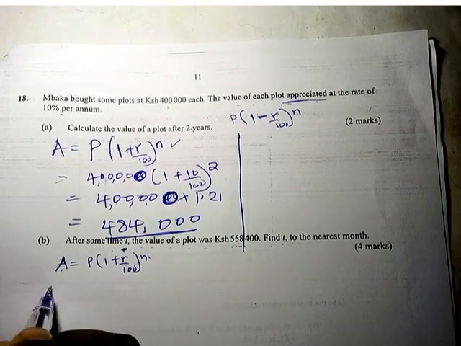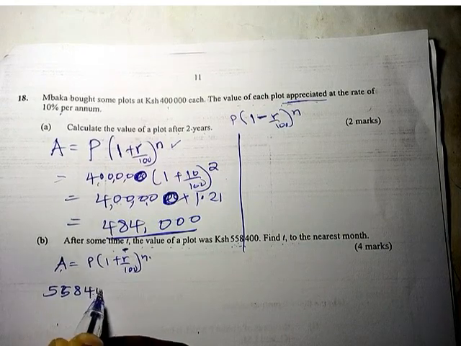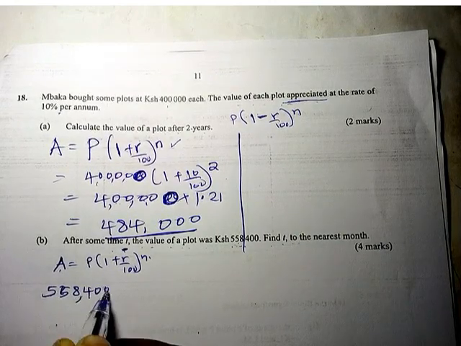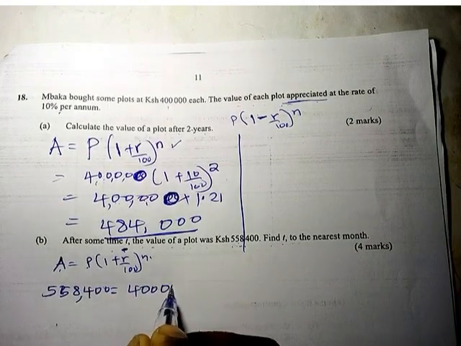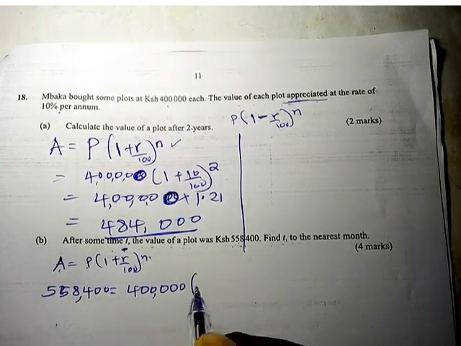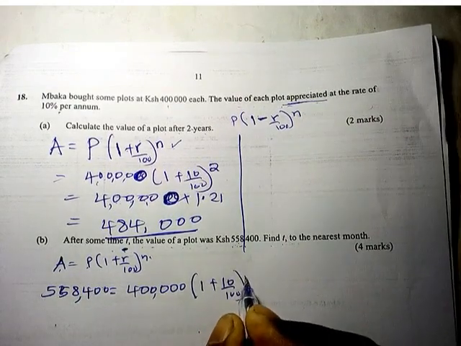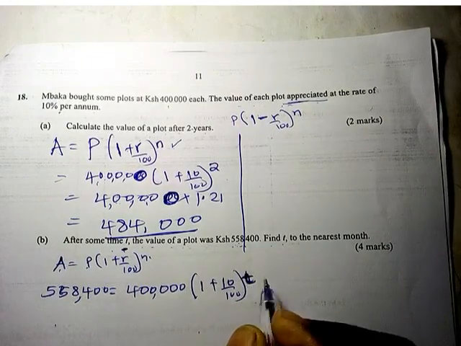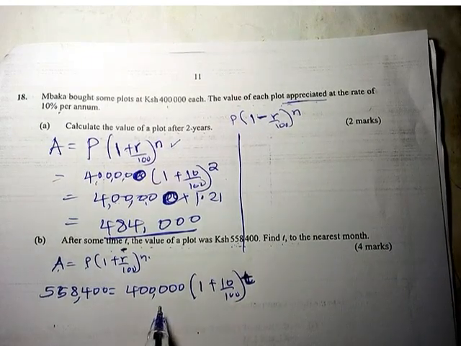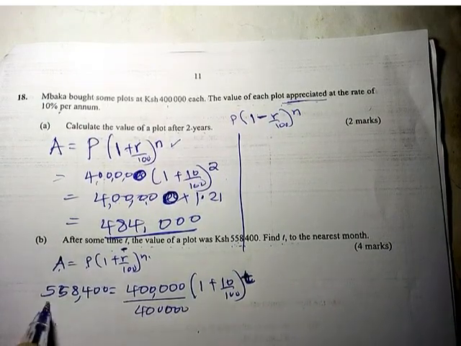The given amount is 400, which is equal to the principal 400,000 into 1 plus the rate 10 over 100 raised to power n. Now we are looking for the time t. To get that, we divide by 400 both sides.